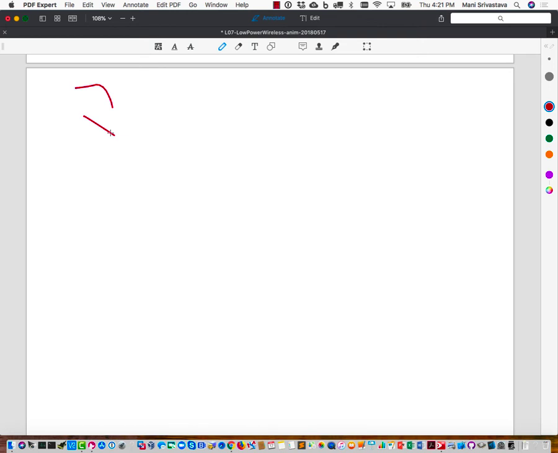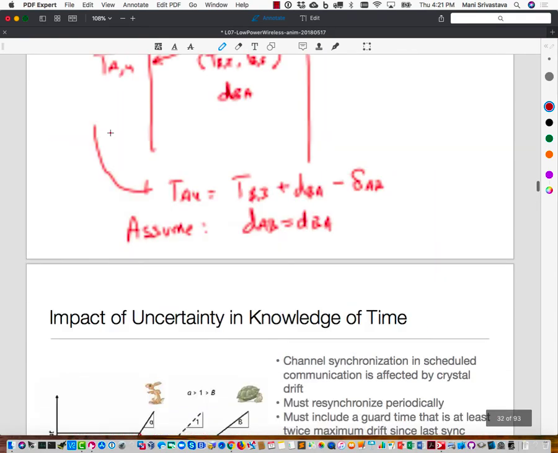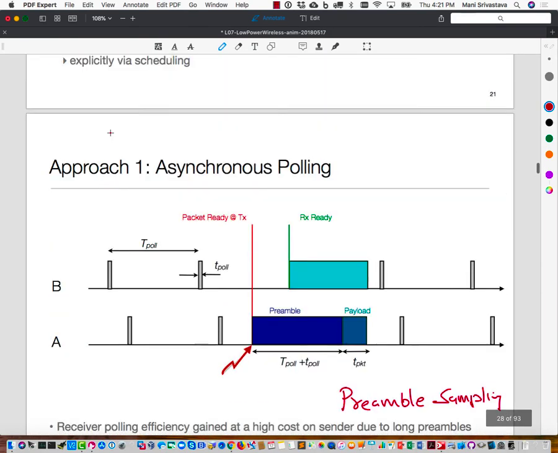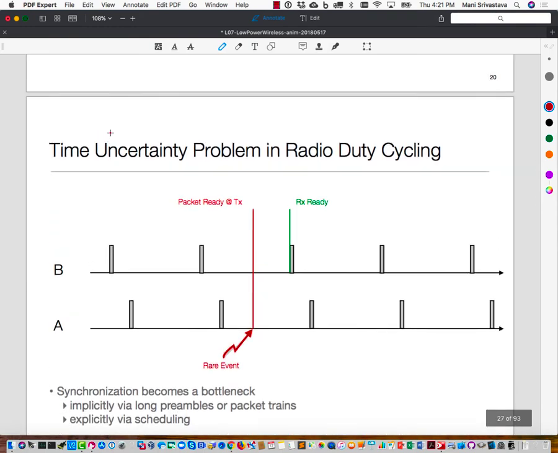With the MAC protocol, we had the strategy of waiting before you transmit, as well as backing off, so that we prevent the situation of synchronized collisions. Then, last lecture, we also began to talk about how to deal with the issue that in the short range situation, we want to avoid the receiver having to just stay up.